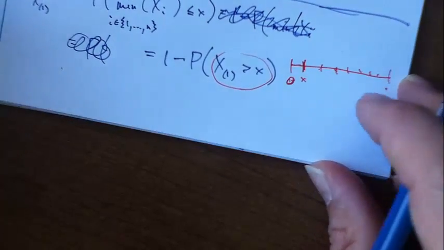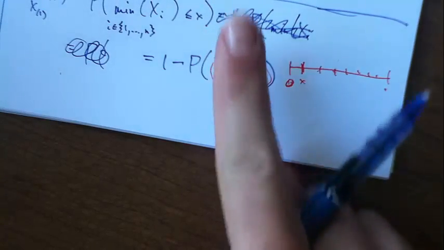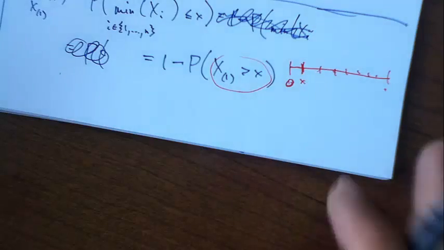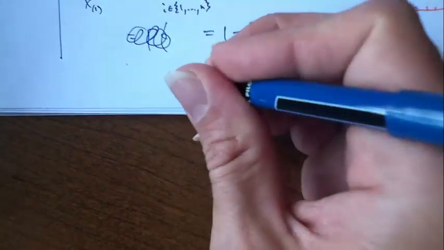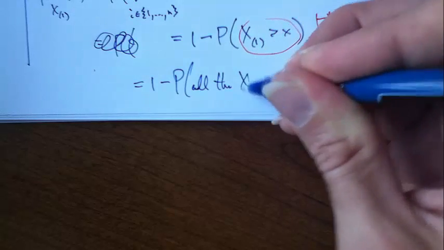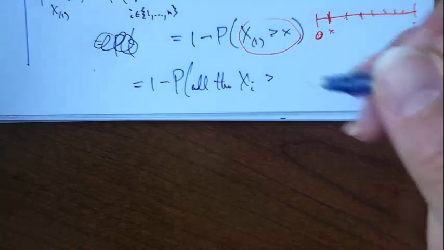So this is sort of similar to the trick we played up there, except that now we've gone to the other side. So this is 1 minus the chance that all the x sub i's are greater than x.